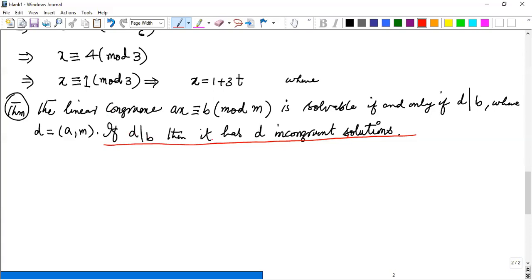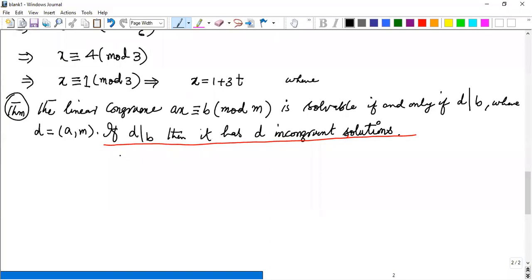If D divides B, then it has D incongruent solutions. Incongruent means different solutions. So we get D different solutions, where D is the GCD.